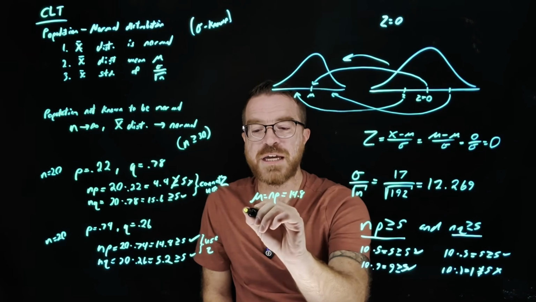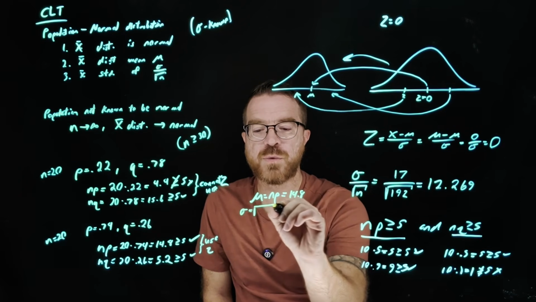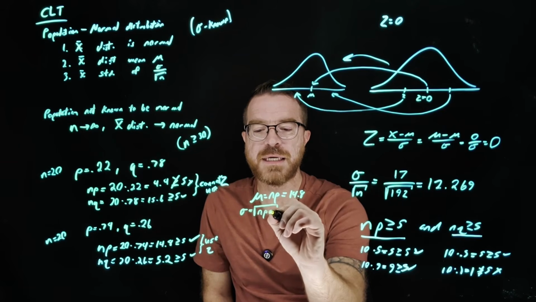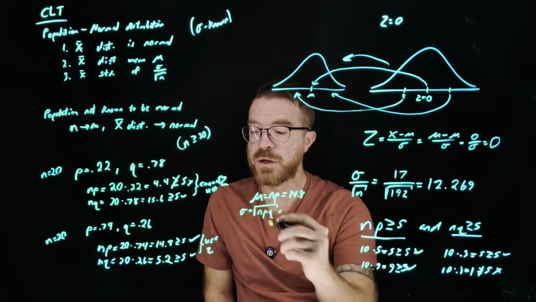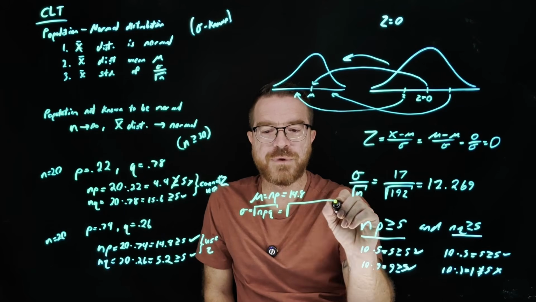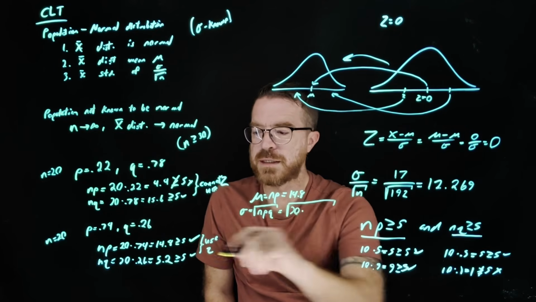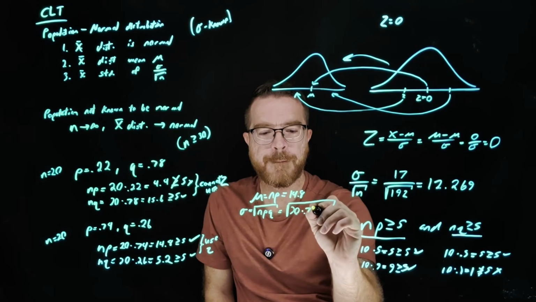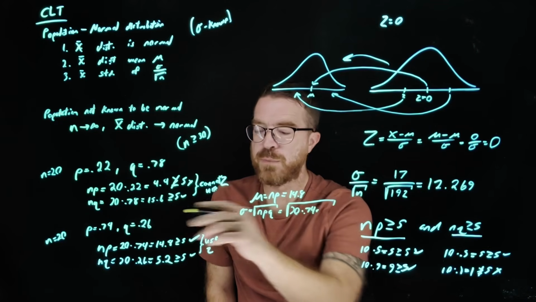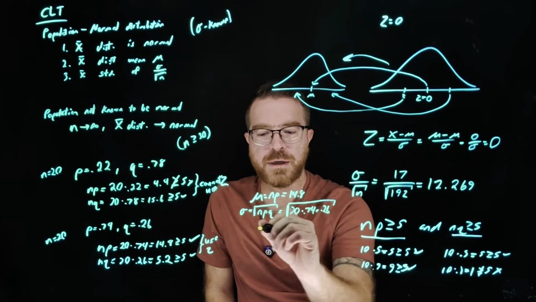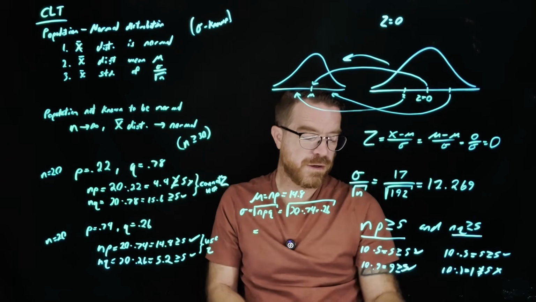And then our standard deviation, sigma, is going to be the square root of n times p times q. So we just plug those values in. We have 20 times 0.74 times 0.26. And then I'm going to plug that into my calculator, and let's see what we get.